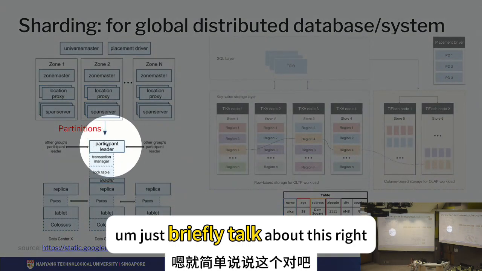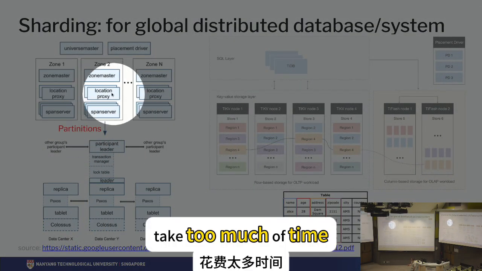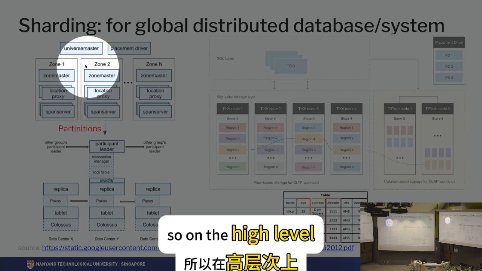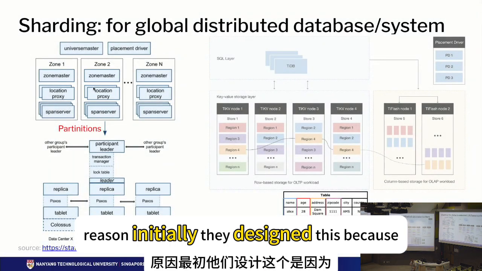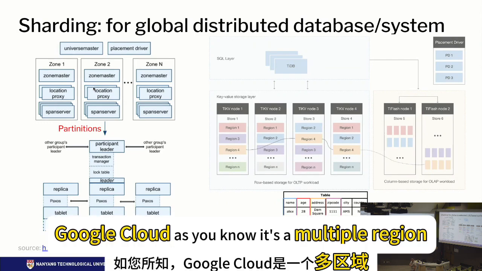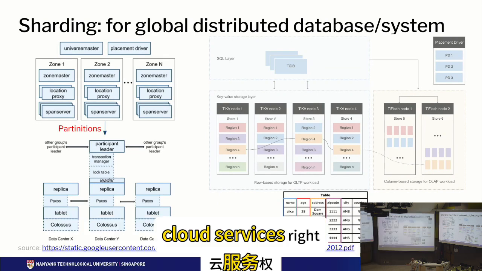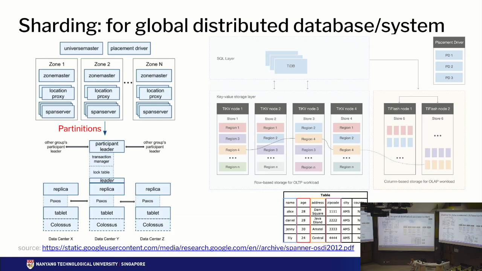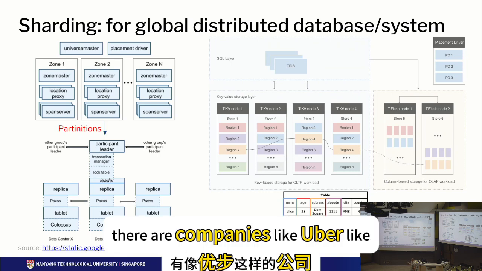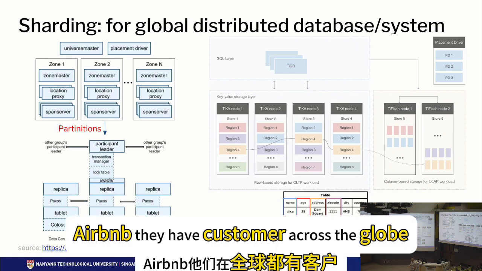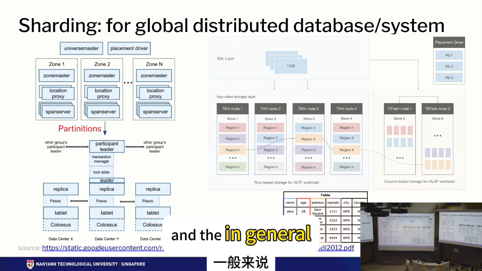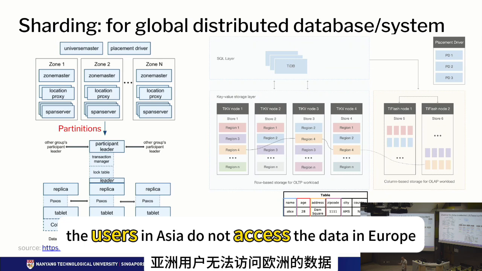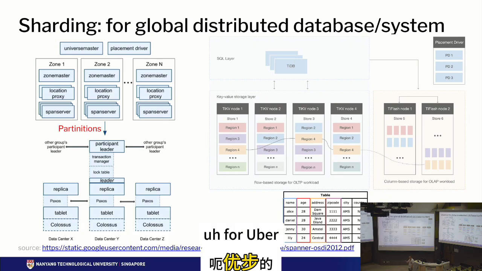Just briefly talk about this, I don't want to take too much time. On the high level, the reason they initially designed this is that Google Cloud is a multiple-region cloud service. There are companies like Uber and Airbnb that have customers across the globe. In general, users in Asia do not access the data in Europe for Uber.